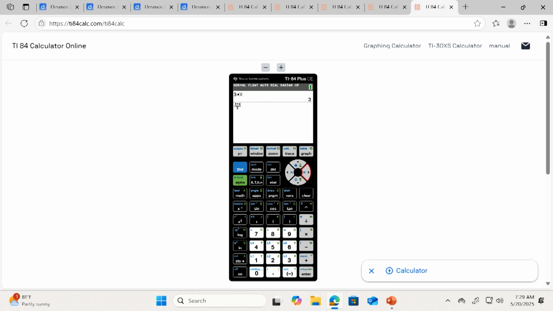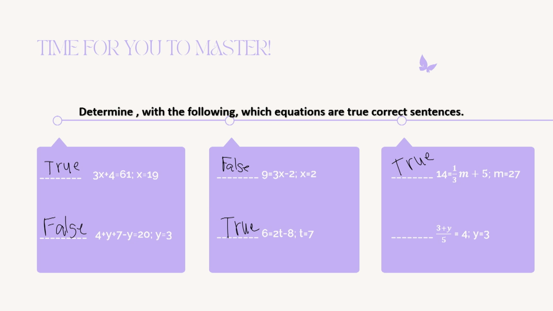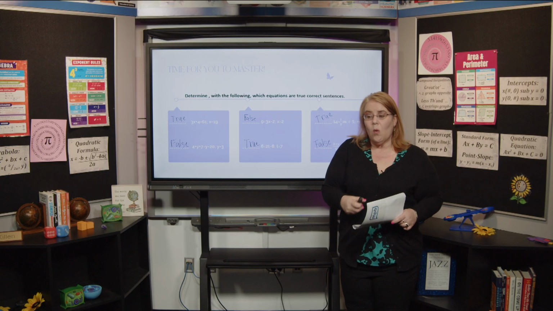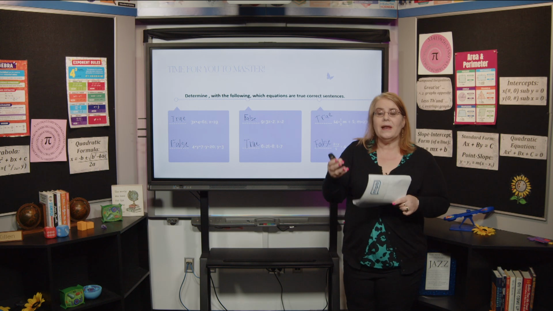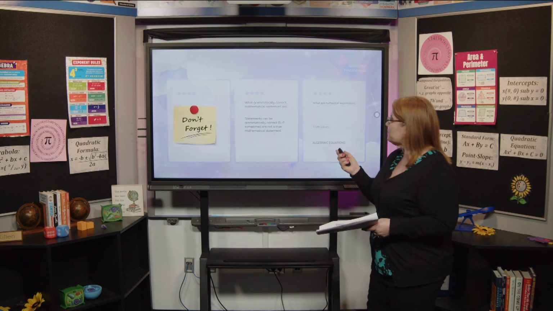Scroll to the right to get out of the fraction, and I'm going to press enter. It gives me 6 over 5. Well, I know 6 over 5 is nowhere near what I have on my paper. So I can go back and say that this statement is false. So I've learned a new tool with my technology. So now I can store variable amounts when I'm wanting to use them. So that's a good tool to have with that calculator.